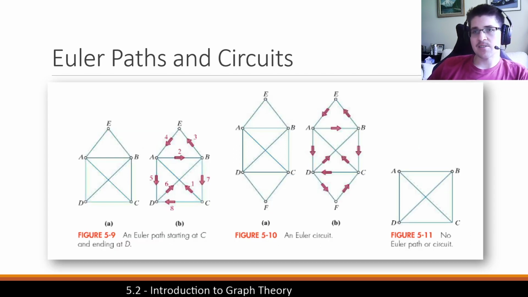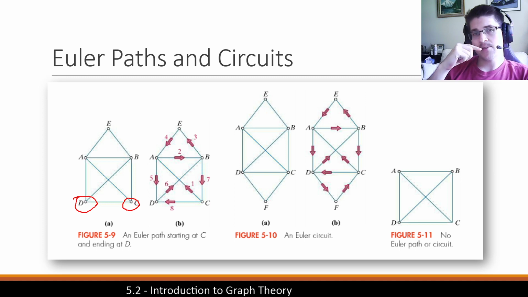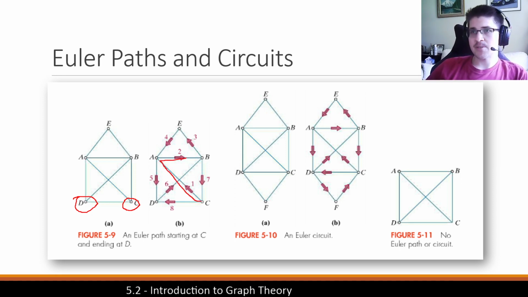And returning back to this, notice that in figure 5.9, it had exactly two odd vertices, C and D. Hence, it has an Euler path that must start at one of those and end at the other. And if we go back and look at that, that's exactly what happened, right? We started here, went like this.